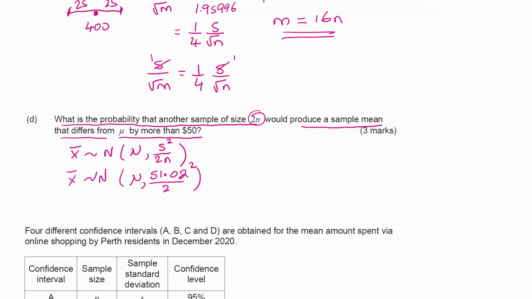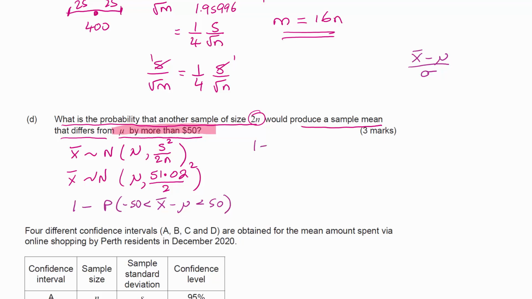Now what we're after is the probability that this differs by more than $50, which is 1 take away the probability that it's within $50. So in other words, x bar minus mu would be between negative 50 and 50. Now, we know that x bar minus mu over sigma is z.